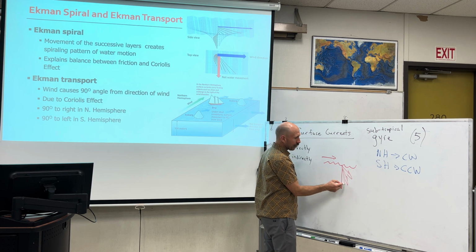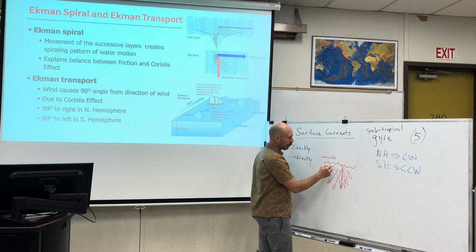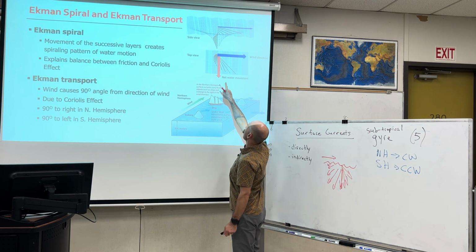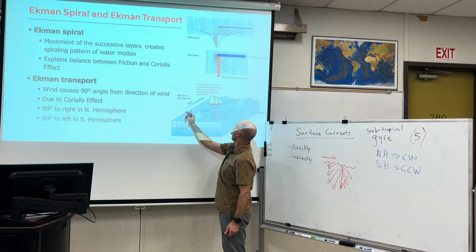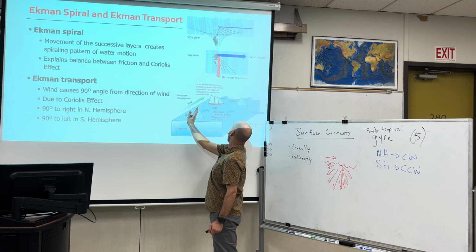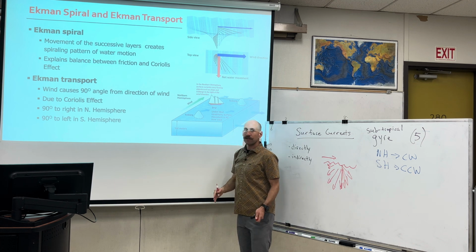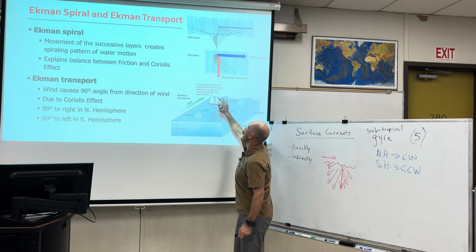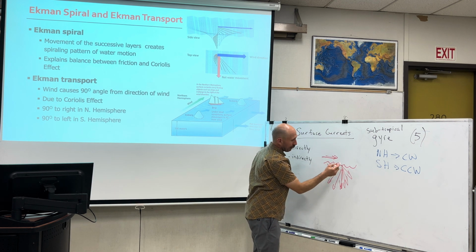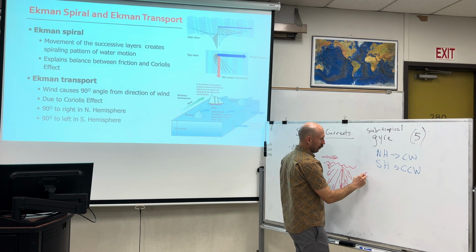And so the direction of movement underneath the ocean spirals in a circle, giving it a net movement direction 90 degrees, but an actual movement at 45 degrees. So this phenomenon is called the Ekman spiral, the ability of the surface winds to be felt down in the water column spiraling in a circle. We'll put it here.